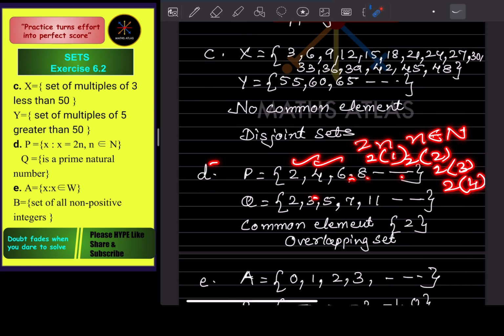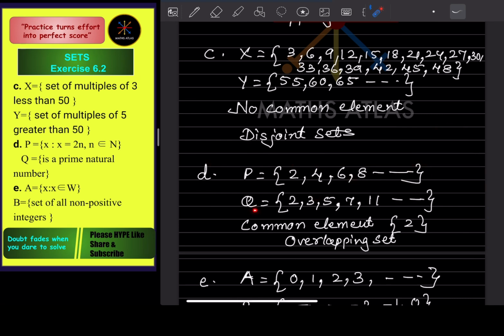In Q, prime natural numbers means 2, 3, 5, 7, 11, and so on, which are not divisible by any number. What we can see is that 2 is common. So the common element is 2, and that is an overlapping set. Wherever we have a common element, that is an overlapping set.